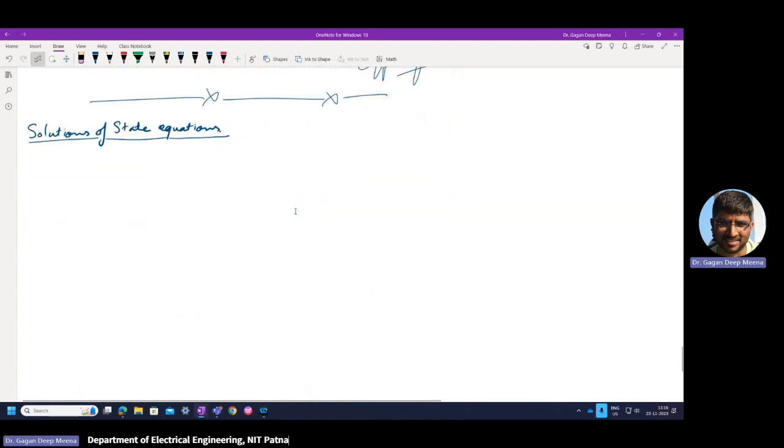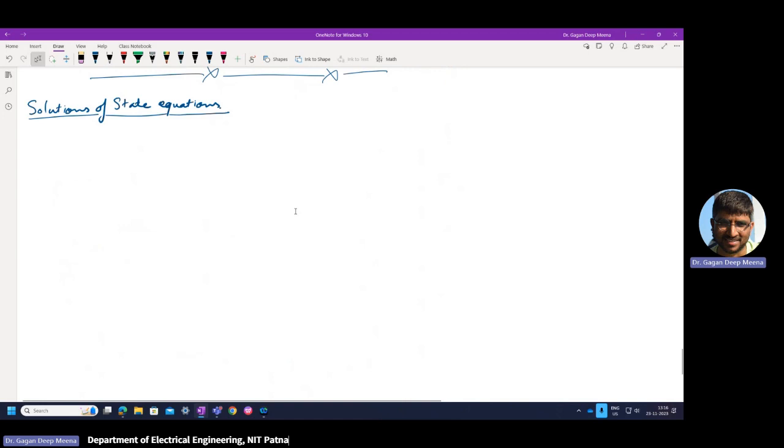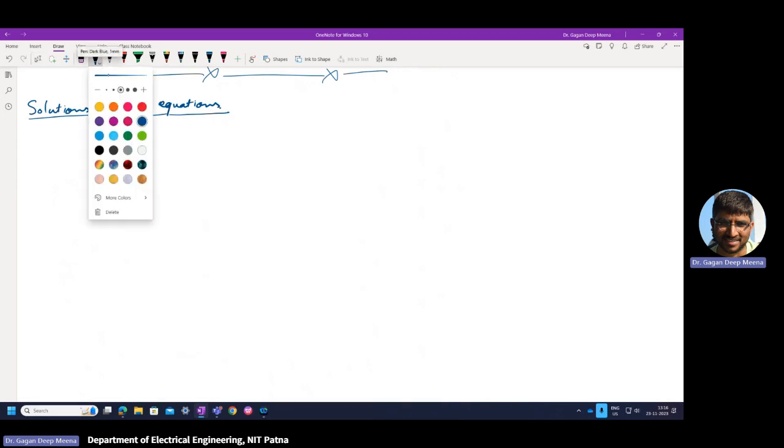Now that we know what the state equation looks like, it is also important to understand how we solve these state equations.